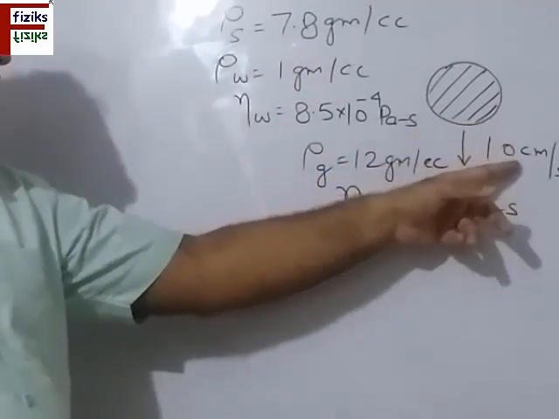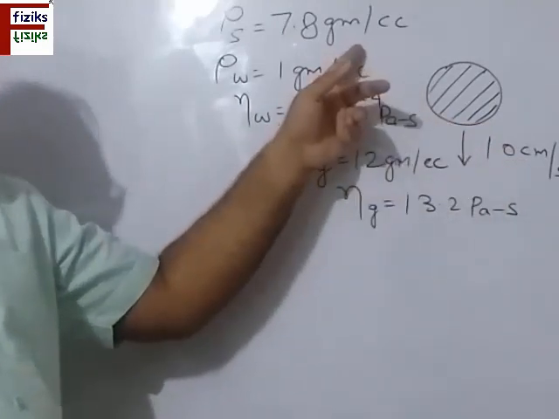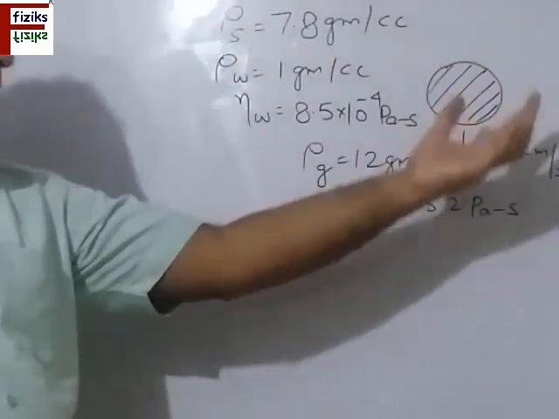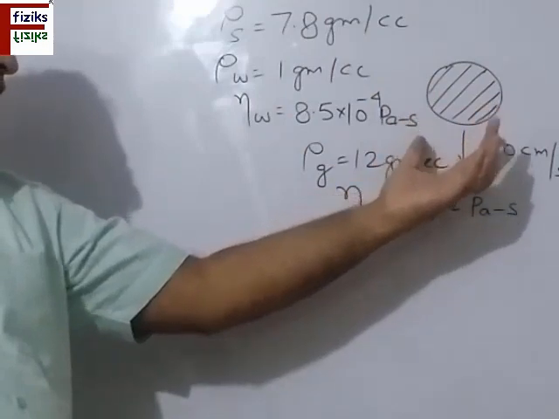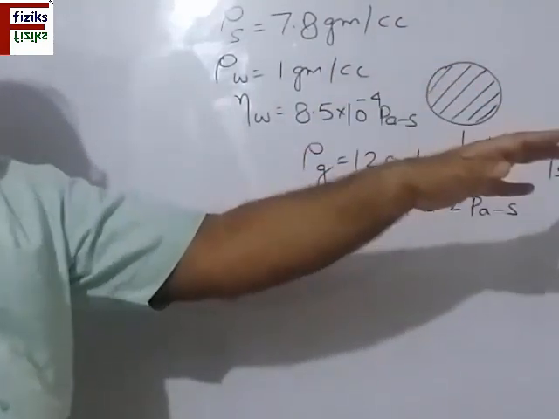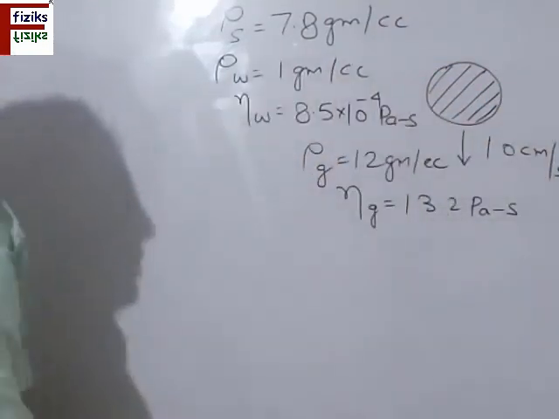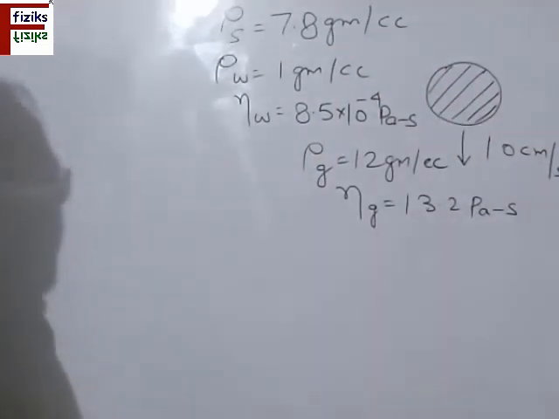This is having a velocity of 10 centimeter per second in water. What will be the terminal velocity of this when it is put into glycerin? In water, the terminal velocity is 10 centimeter per second. So what should be the terminal velocity if it is put in glycerin in place of water?